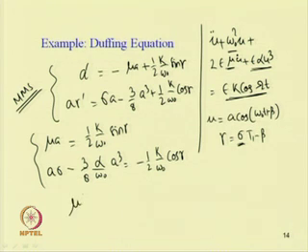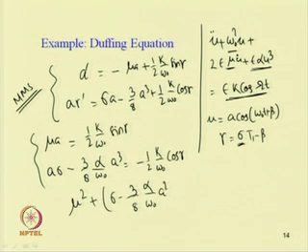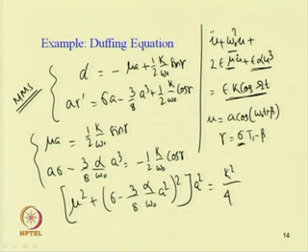So, the frequency equation will be in this form: mu square plus (sigma minus 3 by 8 alpha by omega 0 A square) whole square, into A square, equal to k square by 4 omega 0 square. This is the frequency response equation, and from this one can find the amplitude.